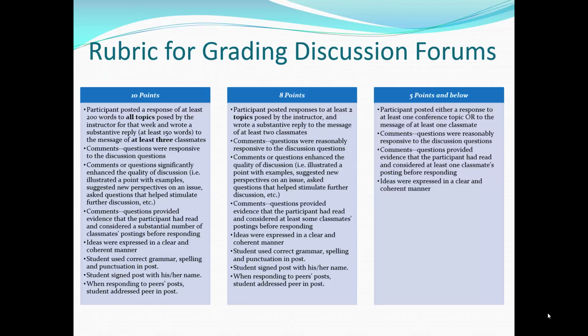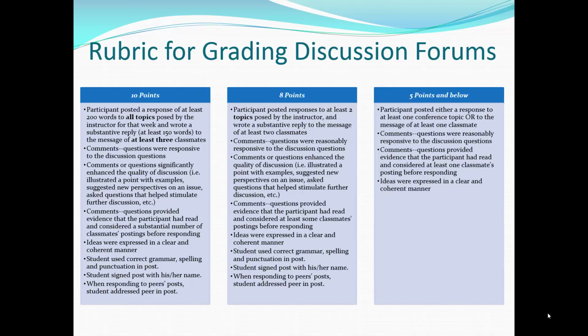Here's your rubric for how you're going to be graded for your discussion posts. For your main post, the participant posted a response of at least 200 words to all topics posted by the instructor for that week and wrote a substantive reply, at least 150 words, to the message of at least 3 classmates.